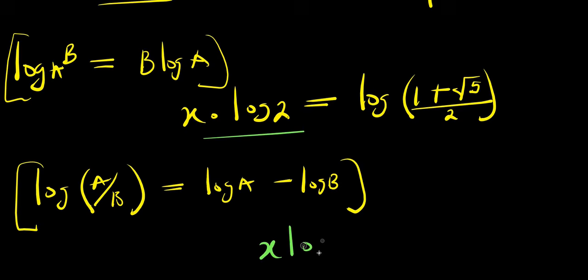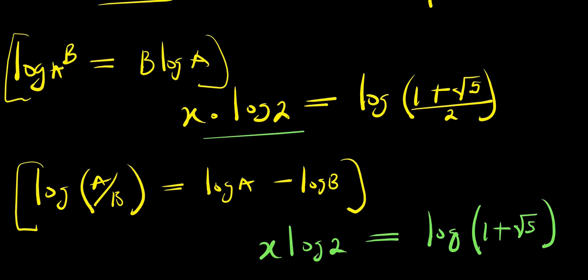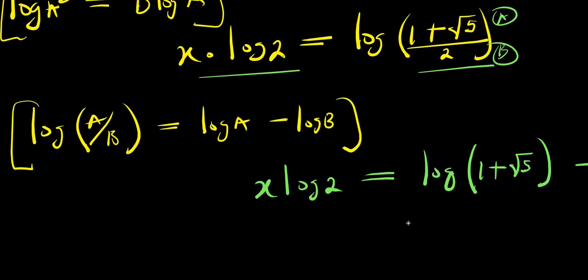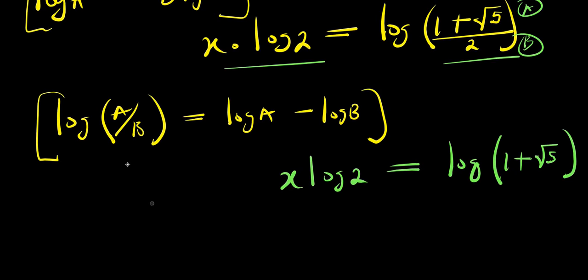This is x log 2 equals, this is log of 1 plus root 5, then we have minus log 2. Because this is our a, this is our b, based on this identity. Have you seen that?